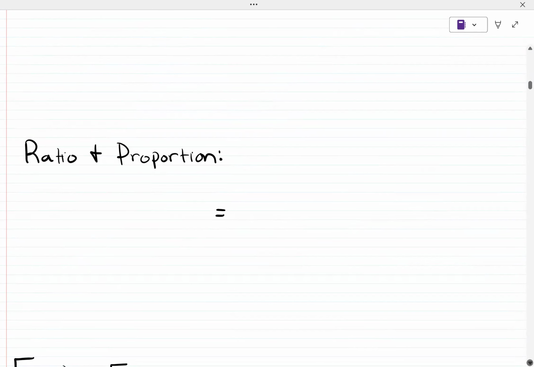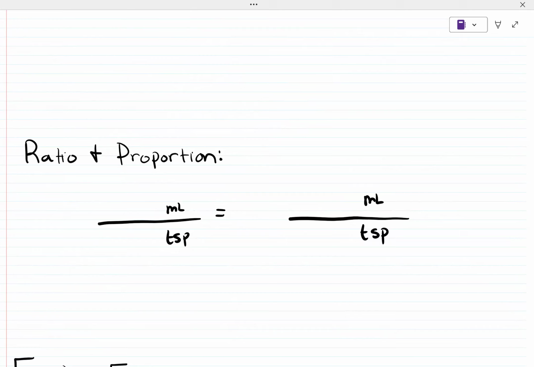Okay, ratio and proportion. So let's set it up as a fraction. You could put milliliters on the top and teaspoon on the bottom. We were given exactly 40 milliliters, and our unknown was X. What's the relationship between milliliter and teaspoon?